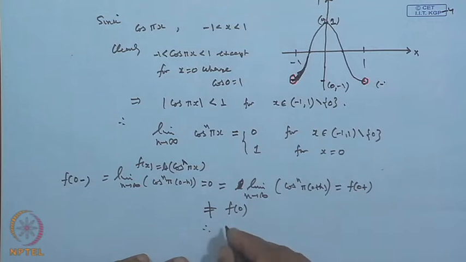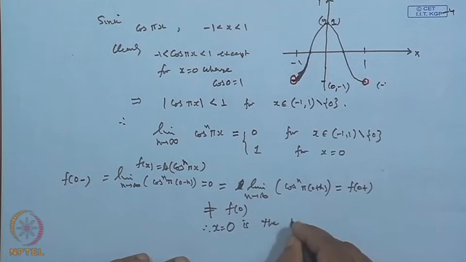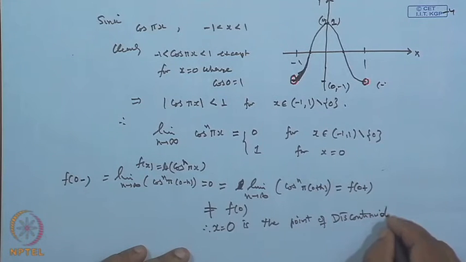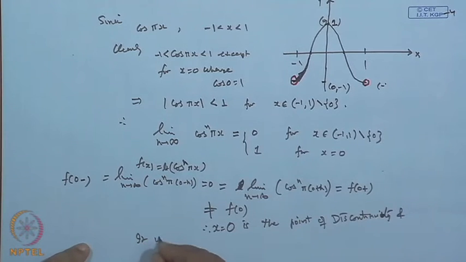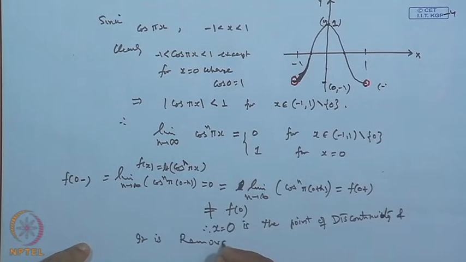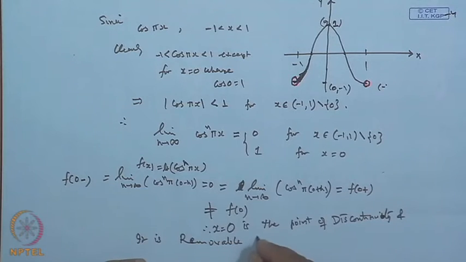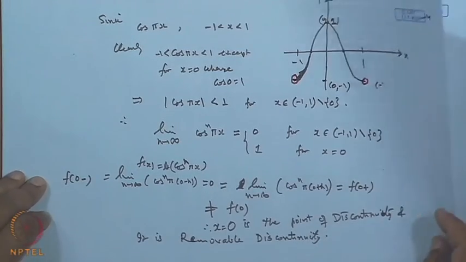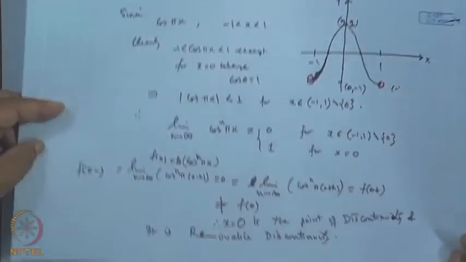Therefore, the function at x equal to 0 is a point of discontinuity, and it is a removable discontinuity. That can be easily seen at x equal to 0. So, this is the first kind of discontinuity, the removable one.